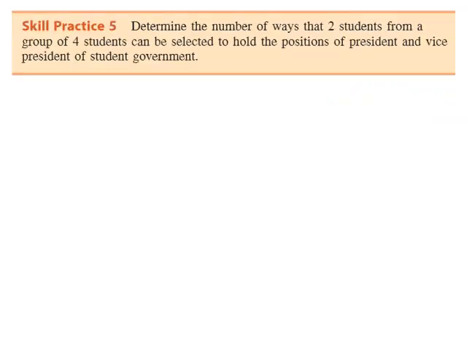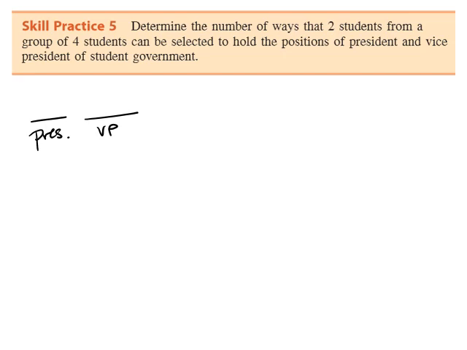Here's another example. Let's say that we want to choose 2 students from a group of 4 to hold 2 positions. The first position is the presidential position. And the second position is the vice president position.